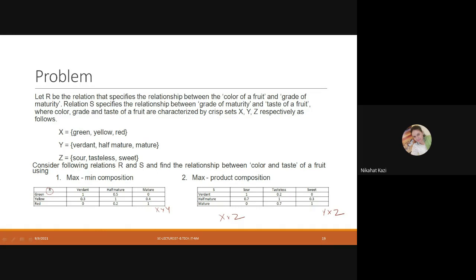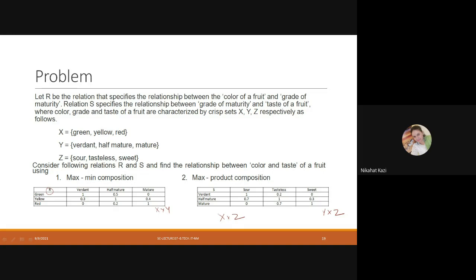So it will be the relationship between the color of the fruit and what? Taste. The taste of the fruit. How does the color correspond to the taste? This is a real world example given to you. This is a relationship between color and the grade of the fruit, or the maturity.